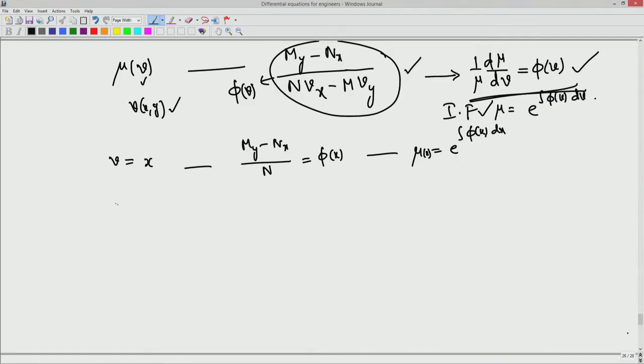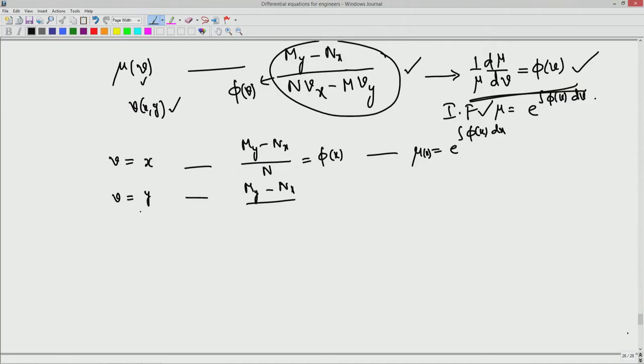If you take v as y, what you have to verify is (M_y minus N_x) divided by... put v equal to x, v equal to y, dy by dx. They are two different independent variables. V of x, y you are differentiating, but v you are taking as only a function of y, it is not a function of x.